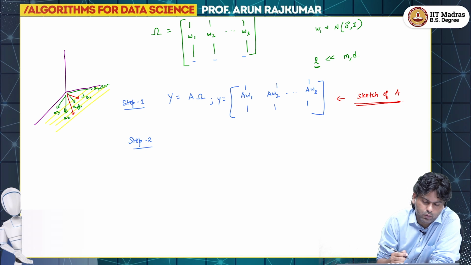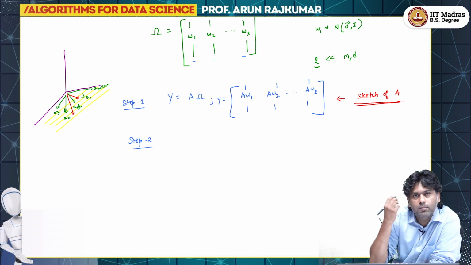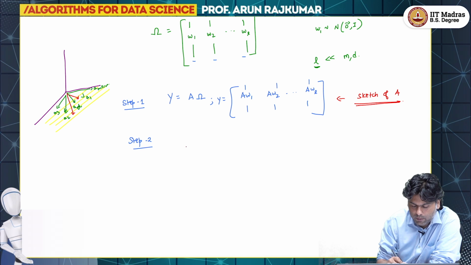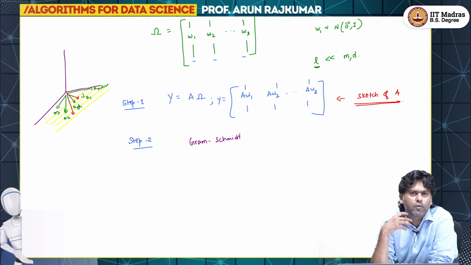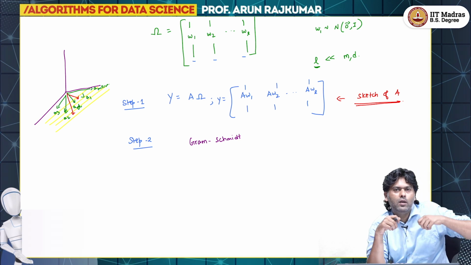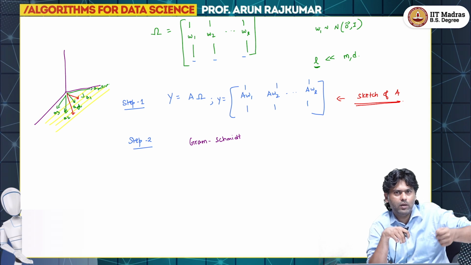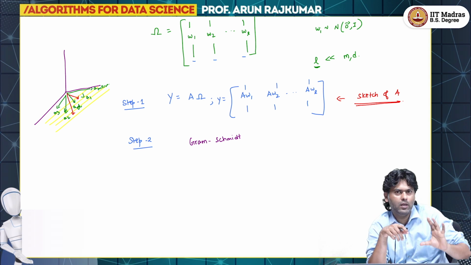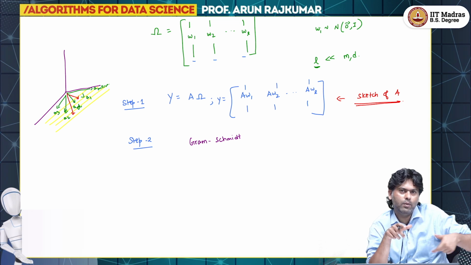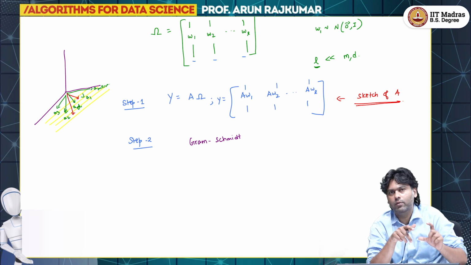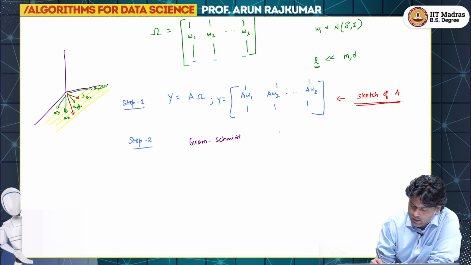The simplest way to do it, if you have done a basic linear algebra course, is something like Gram-Schmidt. You pick one vector, fix that, and then repeatedly remove that component from all the vectors and then pick another vector from the residue, right. So, you can keep doing this. In some sense this is also called the QR decomposition.